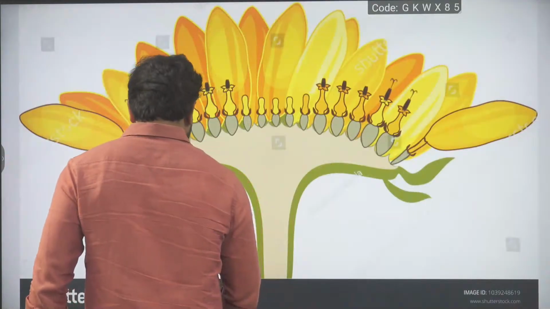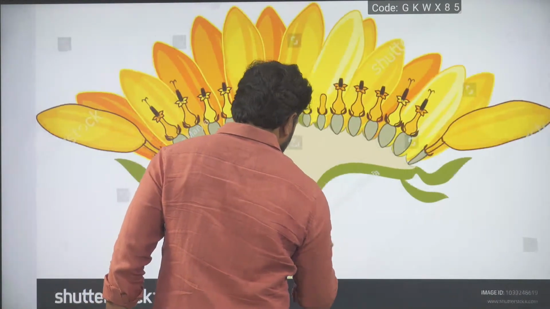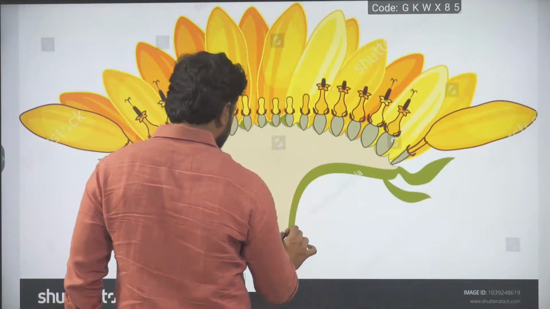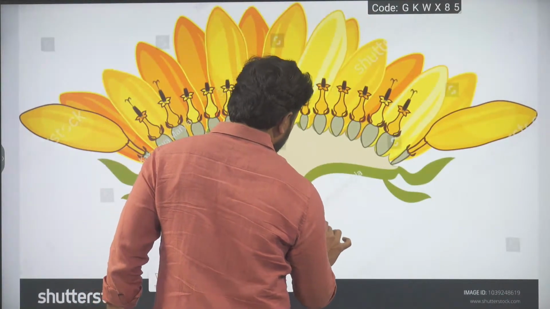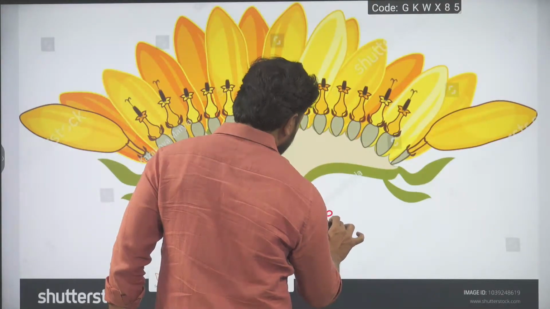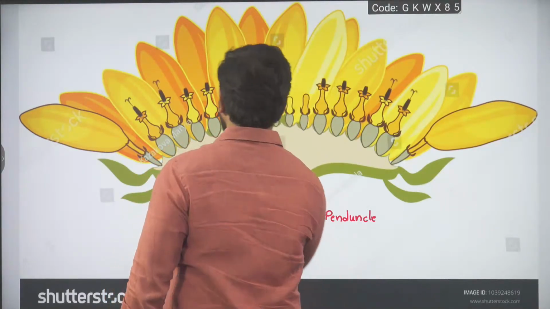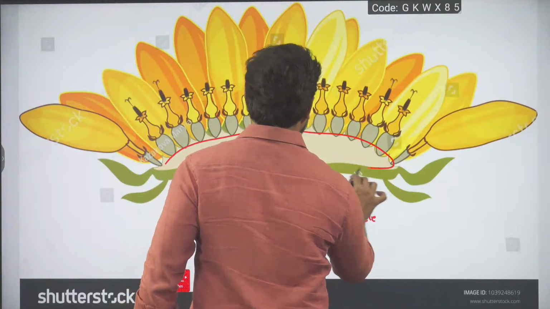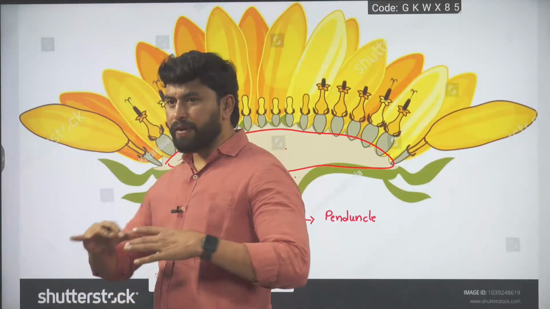Look at this. This is a kind of racemose inflorescence. In this is the inflorescence axis, peduncle. The peduncle will form a base like this. This is the base or flat.